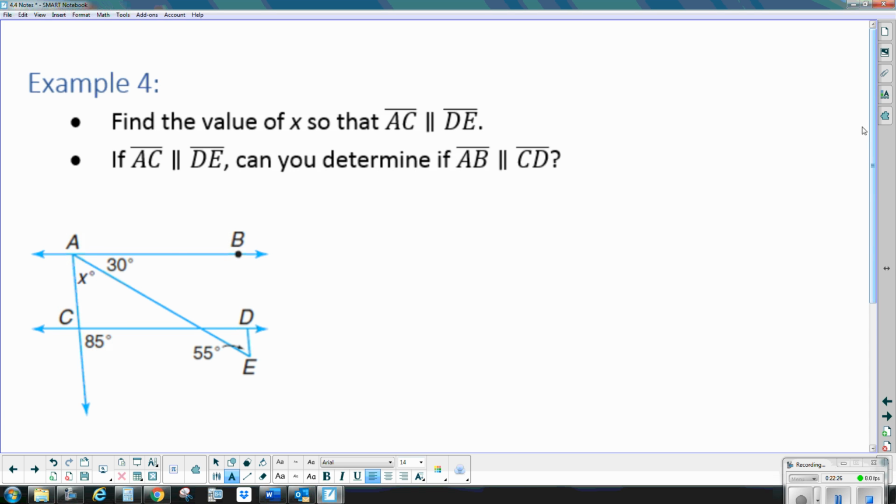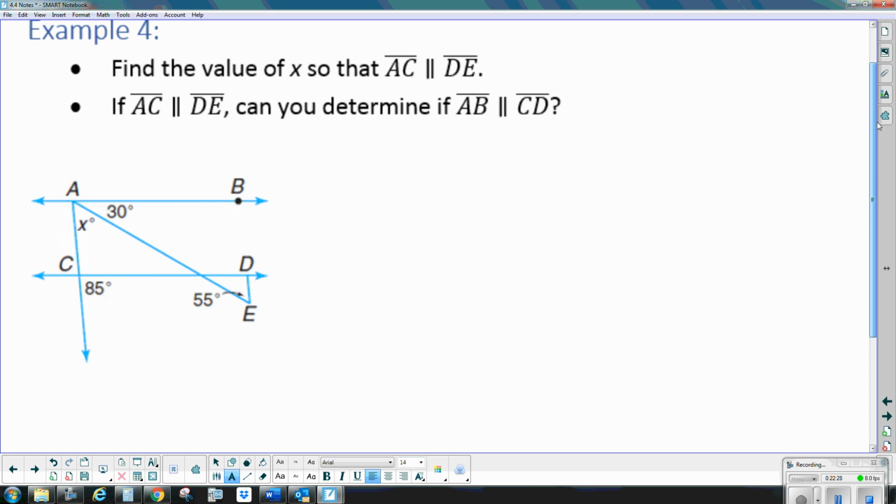And then let's look at this last example. In example 4, it says find the value of x so that AC is parallel to DE. So here we're looking for AC, and again, I'm going to extend my lines, and AC is parallel to DE. So I'm just going to extend these.